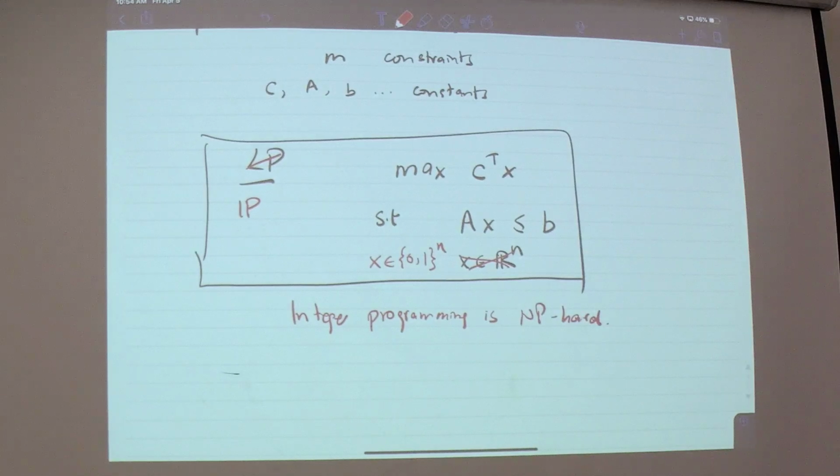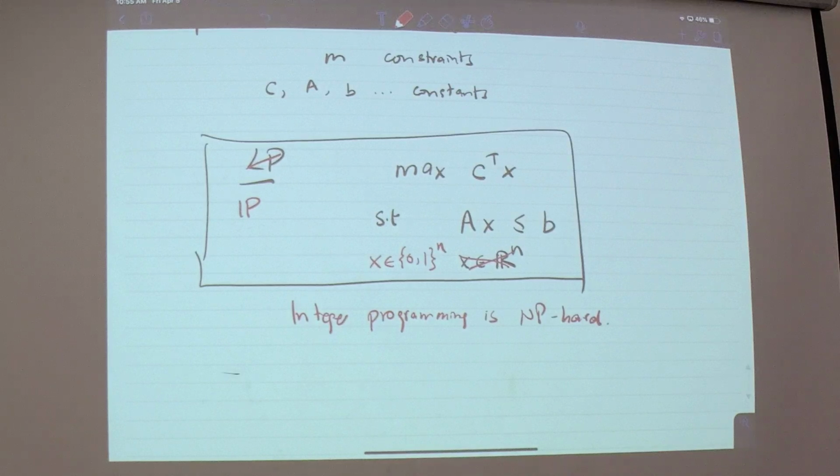And as I mentioned last time, one of the cool things about flows is that you can write the problem of flow as an integer programming problem, or as a linear programming problem. And fortunately for us, the solution turns out to be integral. So you get lucky. But in general, these two problems are quite different. Okay? And more often than not in algorithm design, you will take a problem.